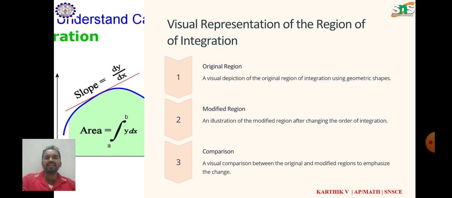Suppose R is defined by the inequalities a less than or equal to x less than or equal to b and g1 of x less than or equal to y less than or equal to g2 of x, where g1 of x and g2 of x are functions of x. Then to visualize R, you can plot the curves y equal to g1 of x and y equal to g2 of x. Then in the xy plane, shade the region bounded by the curves x equal to a and x equal to b.